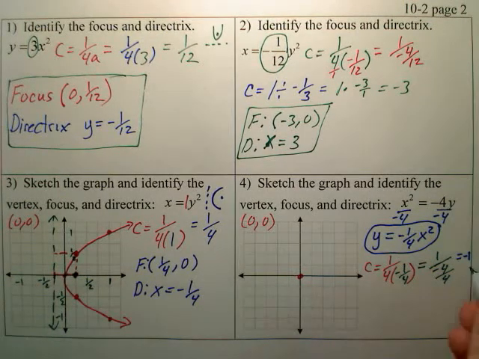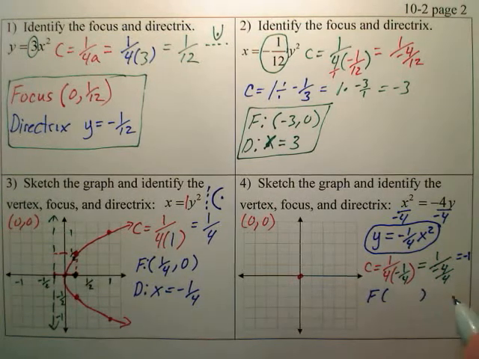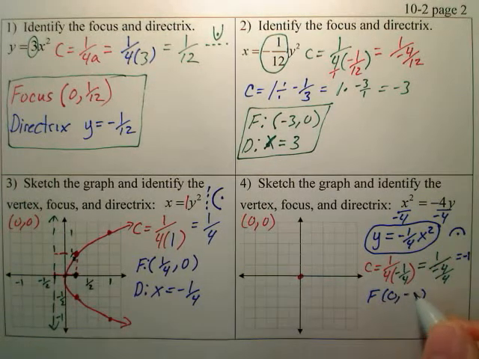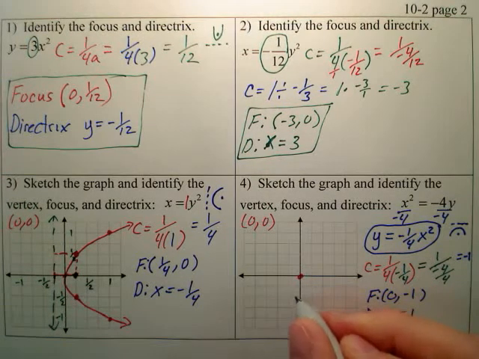So cool. Now, if that's negative 1, my focus, first of all, this is y equals, and that's negative, so I know my graph's going down. So it's going to be negative 1 down. The focus is (0, -1). My directrix is going to be a horizontal line at y equals positive 1. Make sure I got that right. Yeah. Now, since I'm dealing with a quarter here and a 1 and a 1, I'm going to go by halves again.